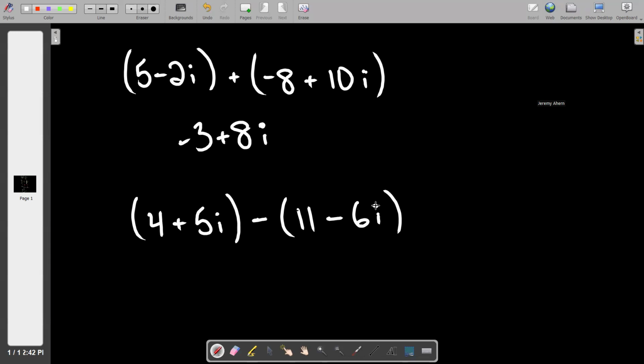And the reason is, because this is your third algebra class or third math class, that we're distributing a negative, right? So whether you show your work on something like this or not, it's important to understand that this minus sign doesn't only affect the 11, but it also, of course, affects this. So we could do this mentally. What's our real part going to be? -7. That's the easy part.